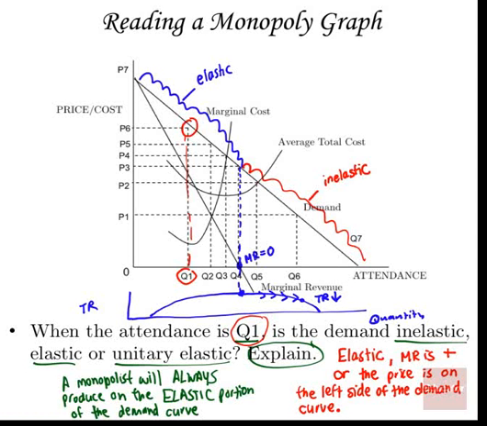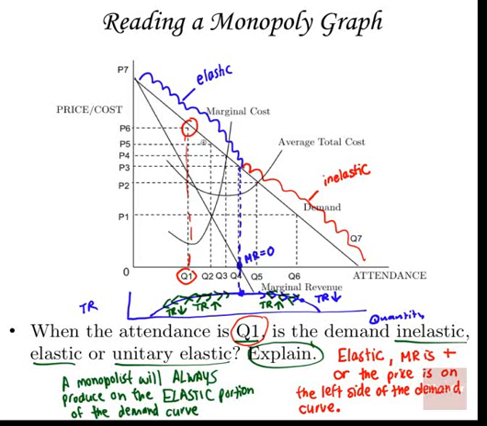If you lower the price when it's elastic, the total revenue will increase. And conversely, if you're producing on the inelastic portion and you raise the price, then the total revenue is going to go up. Or if you're producing on the elastic portion of the demand curve and you raise the price, then the total revenue is going to go down.